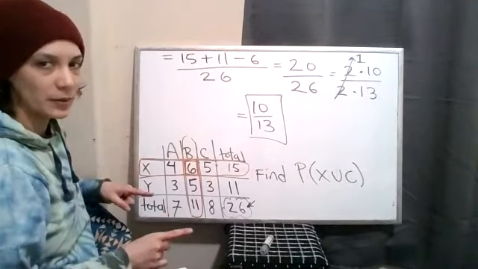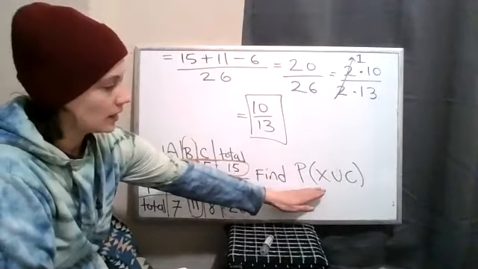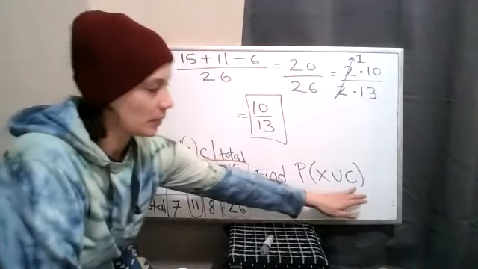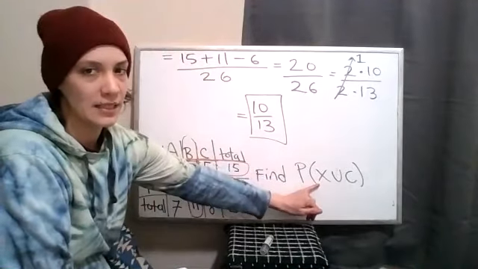So we're going to find the formula and take the probability of X, add the probability of C, subtract the probability X intersect C.